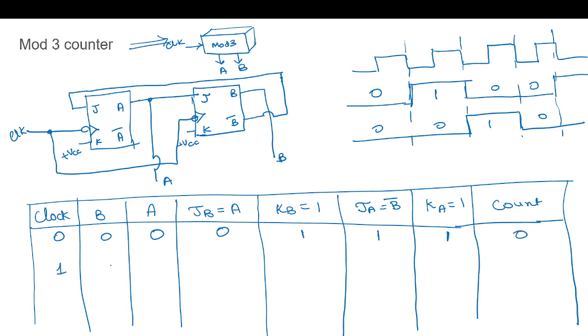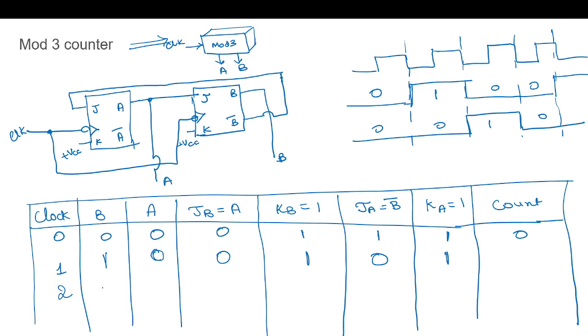Next clock application: 0 1 is reset, 1 1 is toggle. Then state 2, A 1, B bar 1.